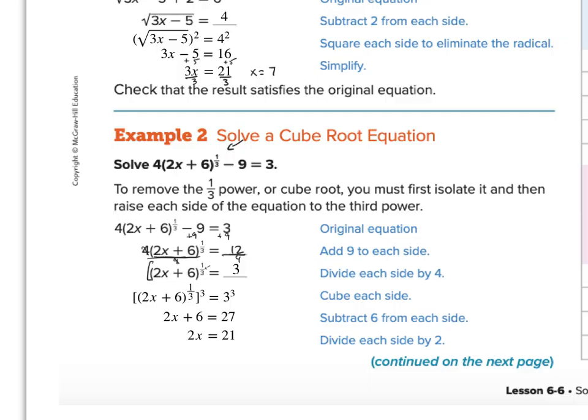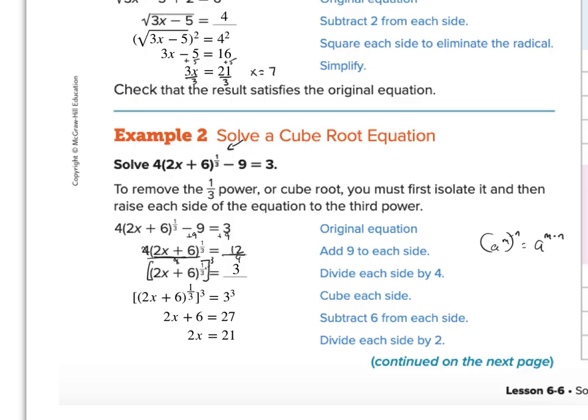Well, if I multiply 1/3 times 3, that will cancel out and just become 1. Remember your power rule: when you have a to the m, raised to the n, we multiply, so that would be a to the m times n, one of those exponent rules we covered earlier.